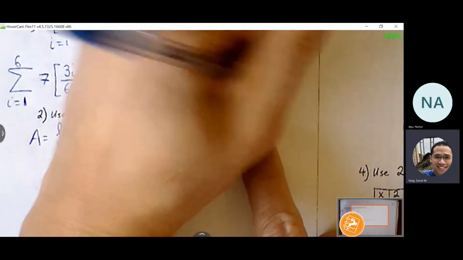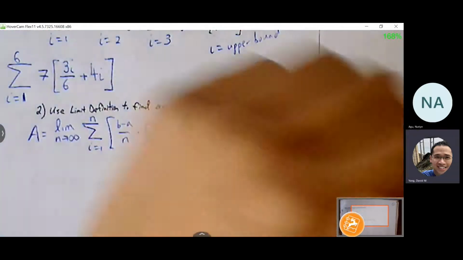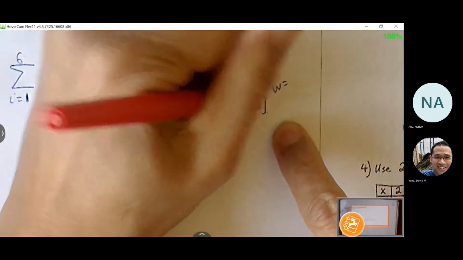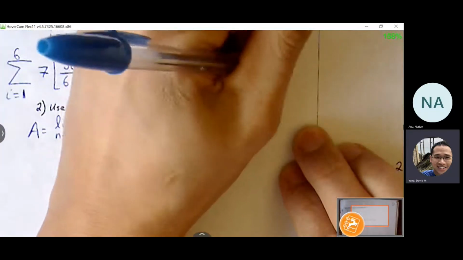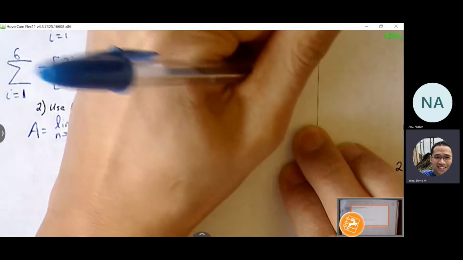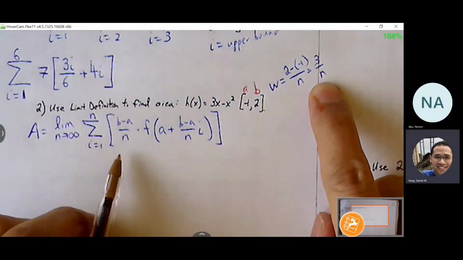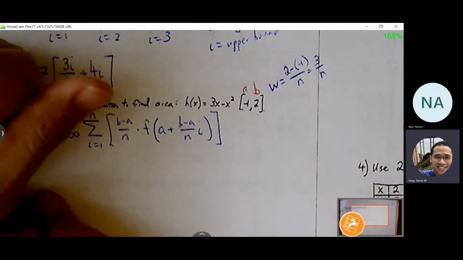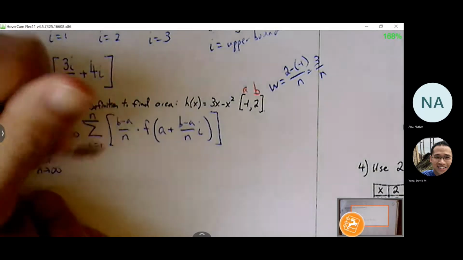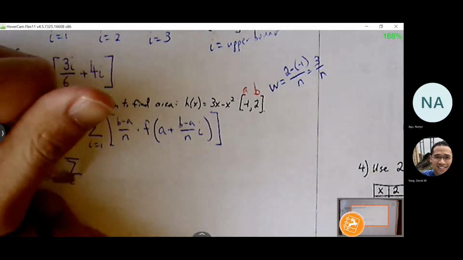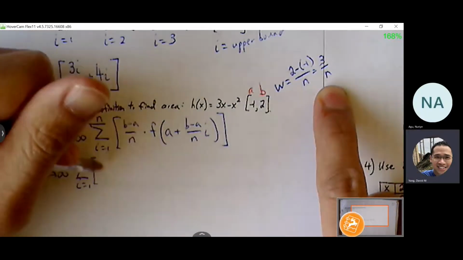We know that -1 is the a value, 2 is the b value. So 2 minus -1 over n would be 3 over n. Okay, I'll rewrite. There's my width component.